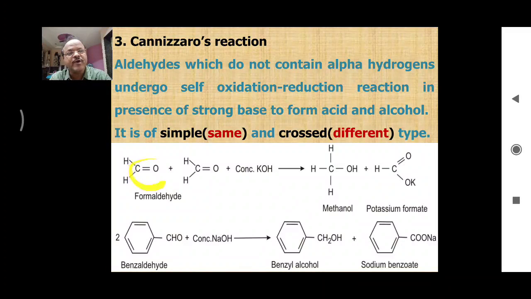In formaldehyde, alpha carbon is not there, so no question of alpha hydrogens. In benzaldehyde, CHO is the functional group, so this is the alpha carbon, which is not carrying hydrogen. So that is the required condition: the aldehydes should not contain alpha hydrogens.